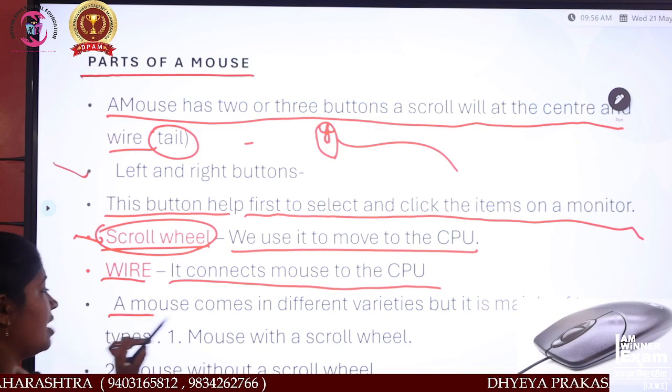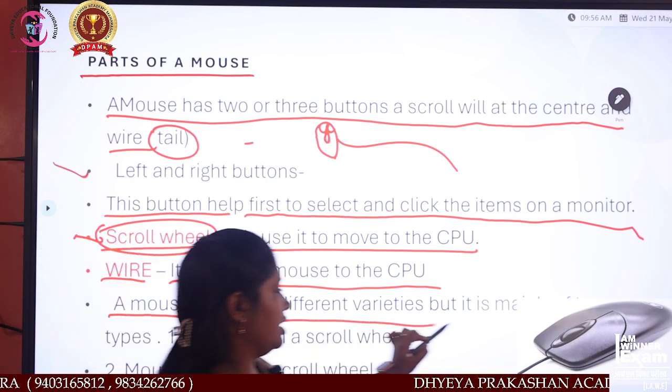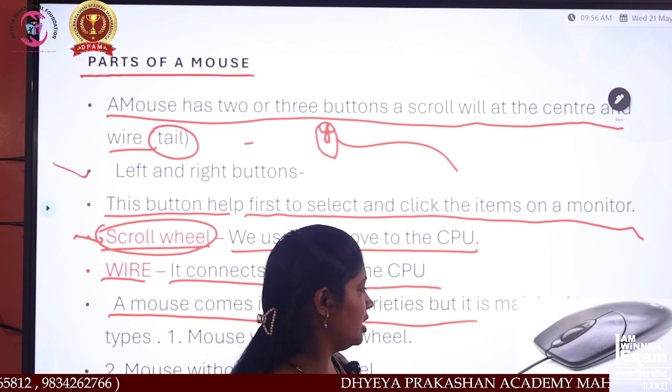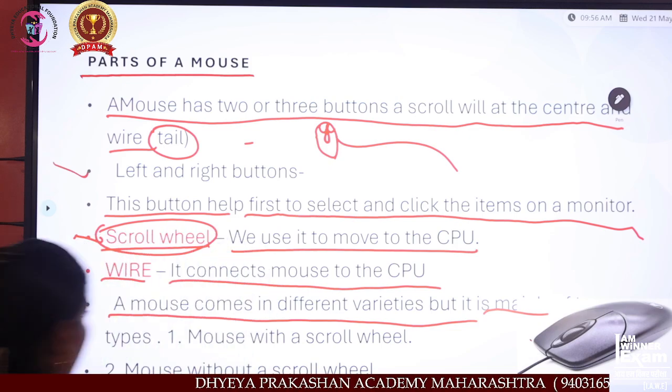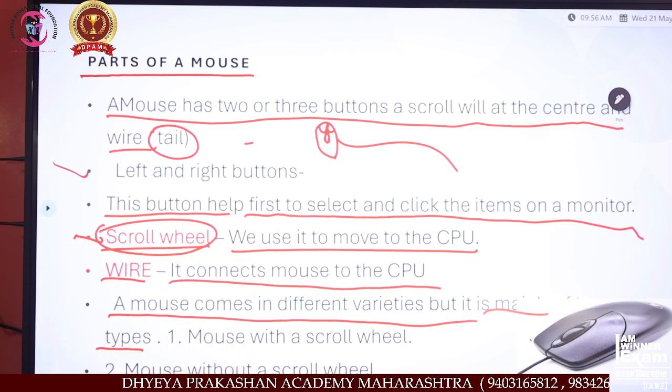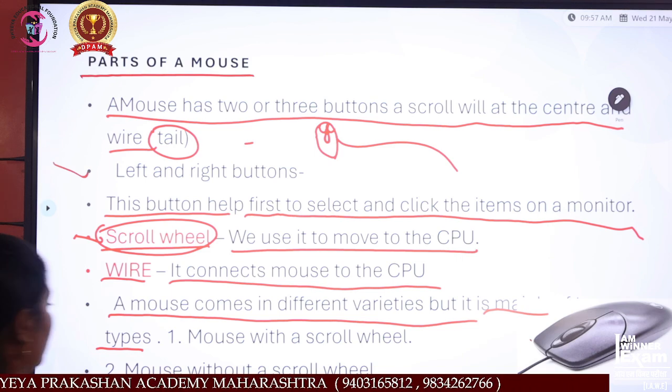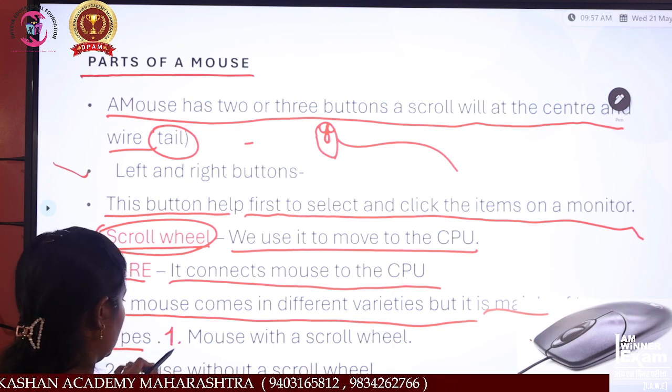A mouse comes in different varieties, but there are mainly two types.